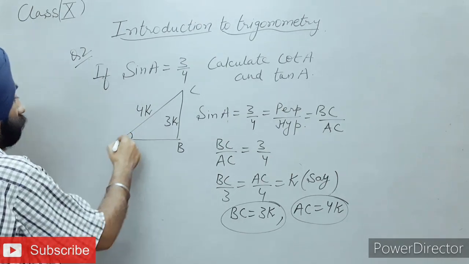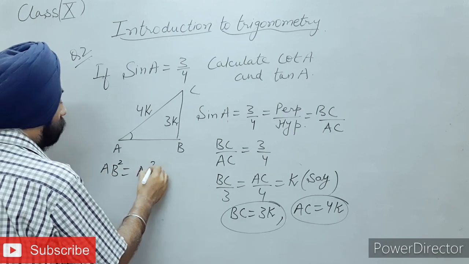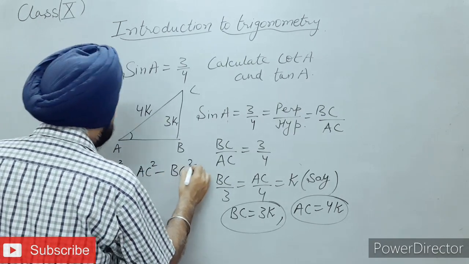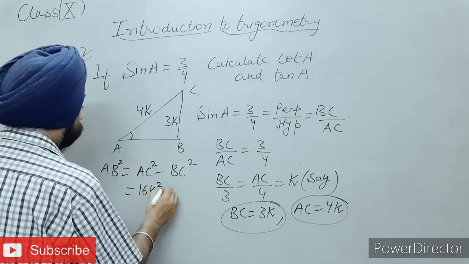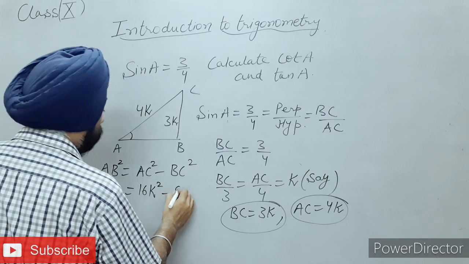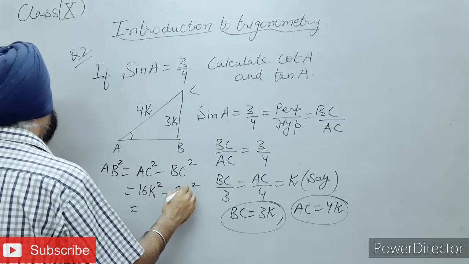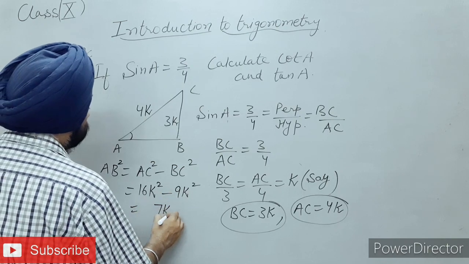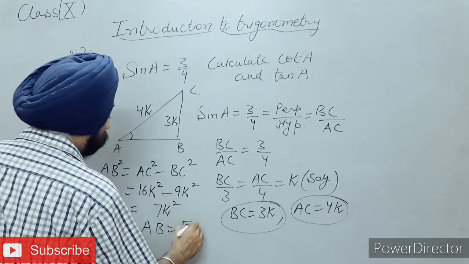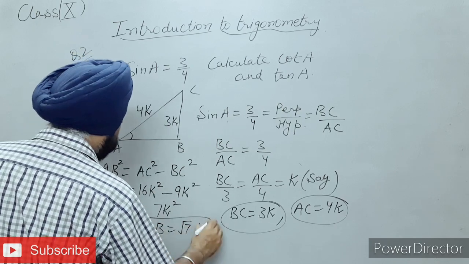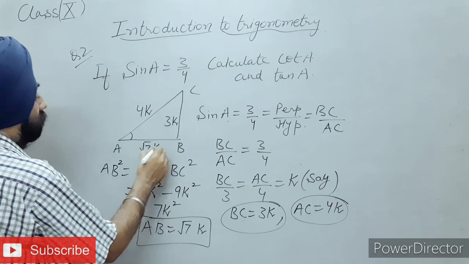AB square equals to AC square minus BC square. AC square is 16K square. BC square is 9K square. That is 16 minus 9, 7K square. Or AB is under root 7 times K.